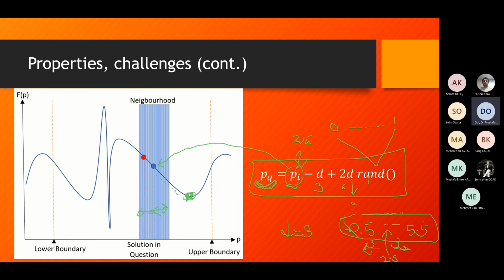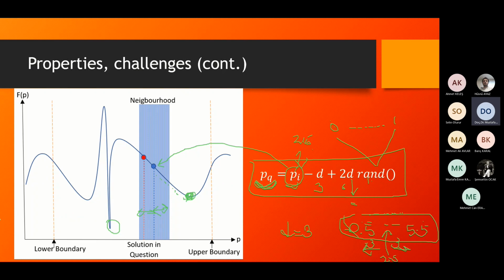But this minimum point could be a local one, and there may be a global solution, global best, within the upper and lower boundary. So I said the approach is naive. Naive means saf, yani basit, çok kompleks olmayan dümdüz bir algoritma.